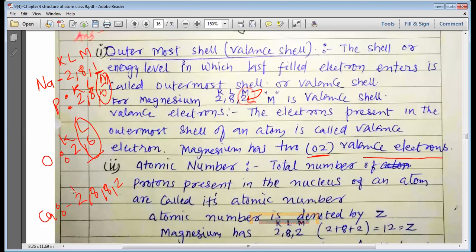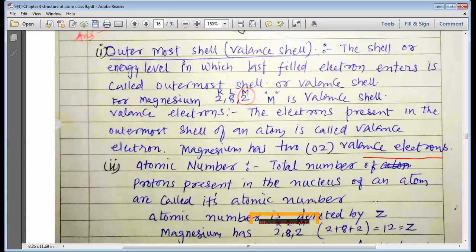The shells filled are K, L, M, and N. The last electron goes into the N shell, so N is the valence shell, and there are 2 electrons in it. That is why calcium has 2 valence electrons. So this is how, my dear students, we determine the number of valence electrons and the valence shell.